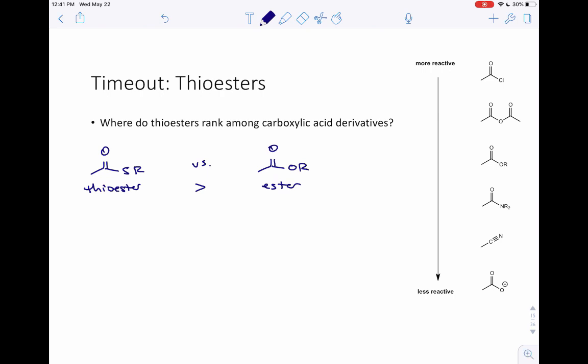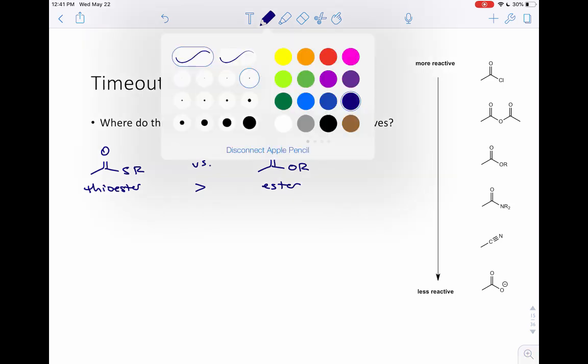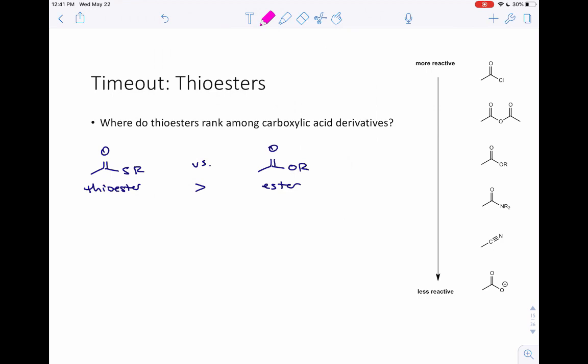There's a couple ways that you can rationalize this. One of those ways is by thinking about leaving group ability. Okay, so let's compare the thiolate versus the alkoxide. The thiolate is the conjugate base of a thiol. Thiol has a pKa of 12.